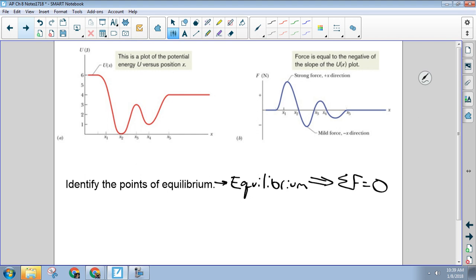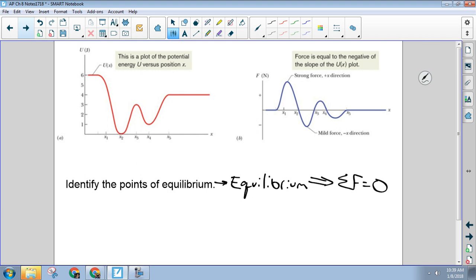So it's the maxes and mins, because remember, the slope of your potential curve is the opposite of the force. So we want to find the spots where your slope is 0, where your net force is 0.